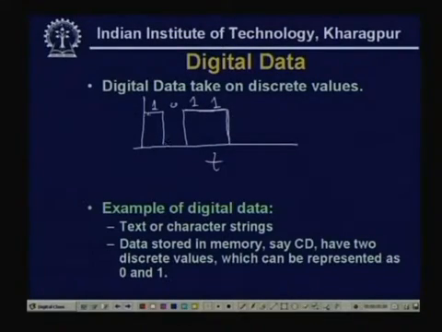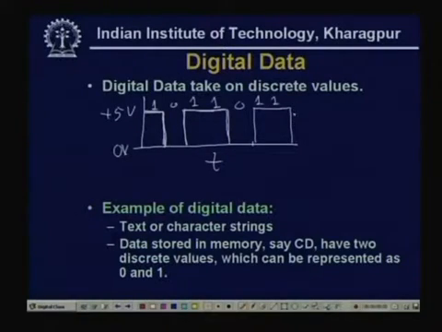That means two distinct voltage levels. Here it is 0 volt and it can be say 5 volt. It is represented by two different voltage levels. So 0, 1, 1, 1, then it can be again 0 and 1. So, as you can see, it has two different voltage levels. So here it takes on some discrete values.